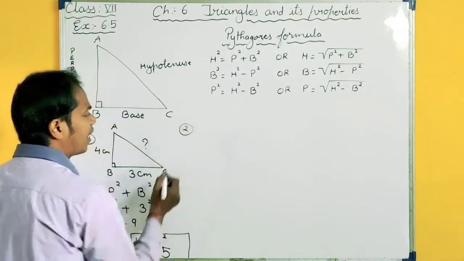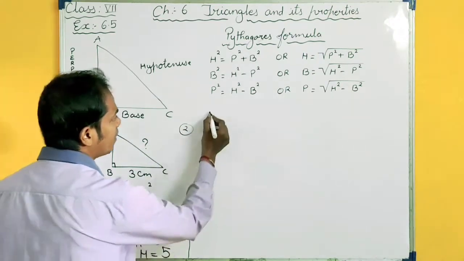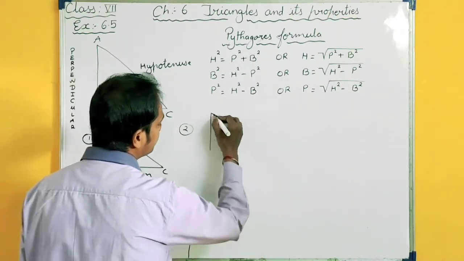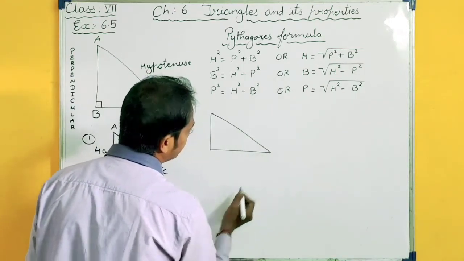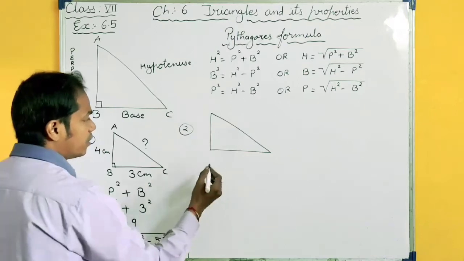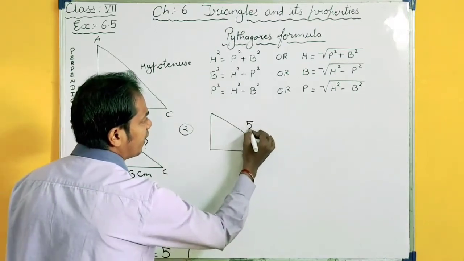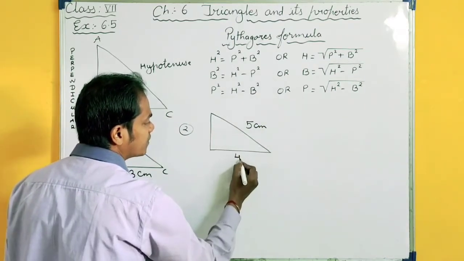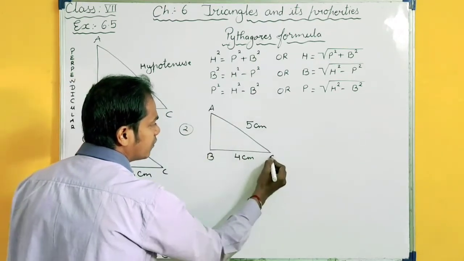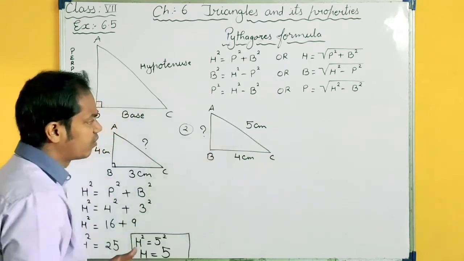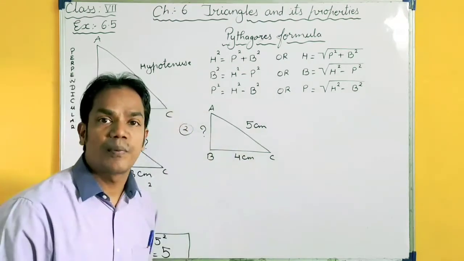Let's take another example. Again I am drawing here one right angle triangle. Suppose this is 5 centimeter, this is 4 centimeter. Now what is missing? This is missing. What is this called? This AB is your perpendicular.